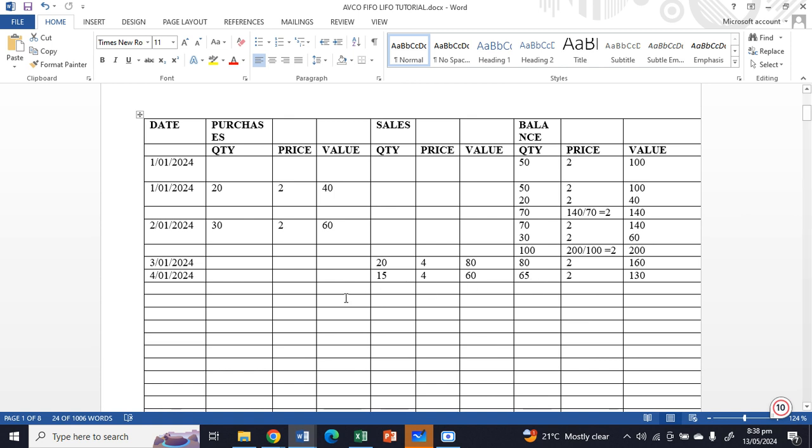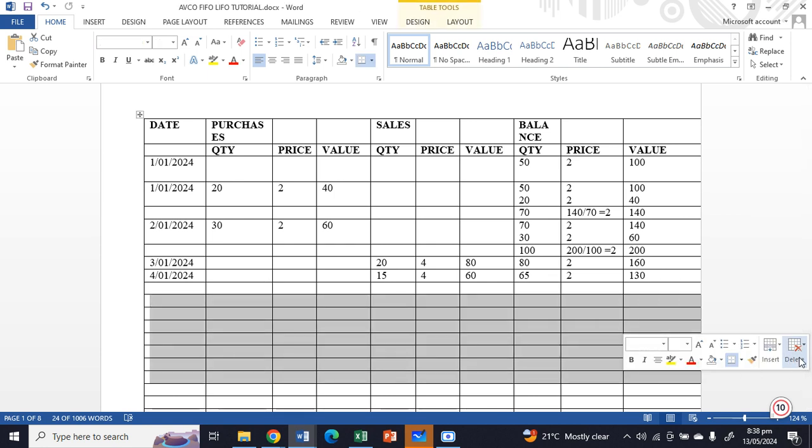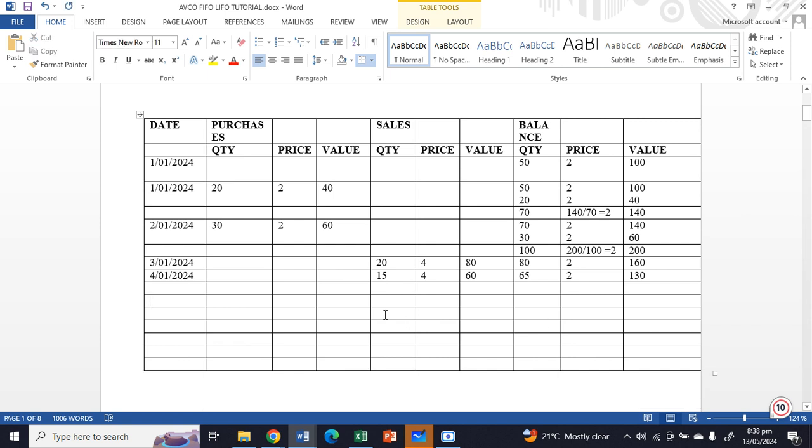So we're going to have to make a trading account. The purpose of the trading account is to see what gross profit you have made.